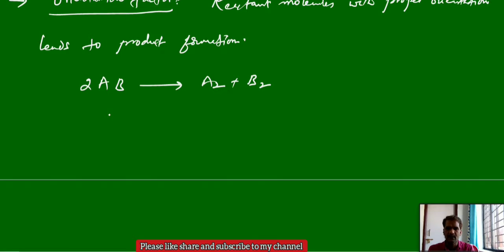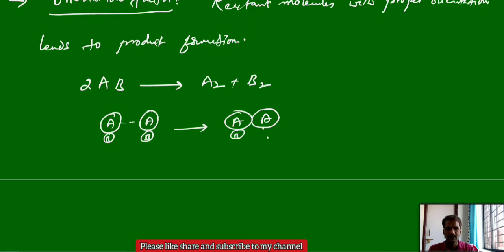Let us take the AB molecules like this, and if these two molecules undergo collision, they can form one activated complex. This is a transition state, or activated complex. There is no complete bond formation or complete bond breaking; this partial bond making and breaking is called the activated complex or transition state.